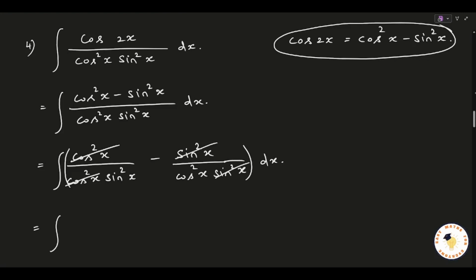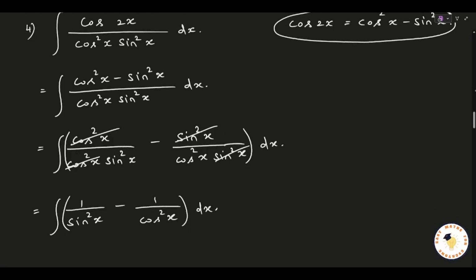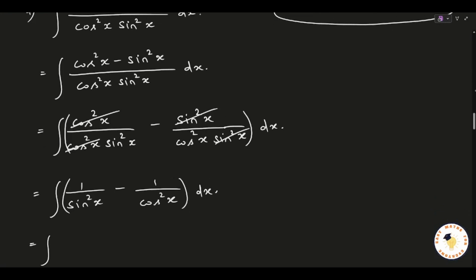So remaining terms are 1 by sin square x minus 1 by cos square x, and dx is common for both of these. And again, we know that 1 by sin square is cosecant square x minus 1 by cos square is secant square x into dx.